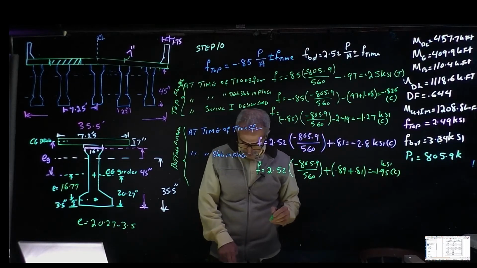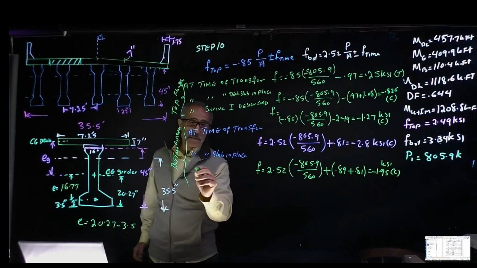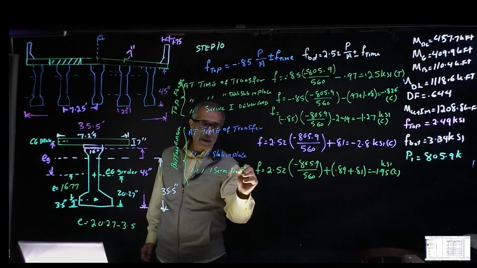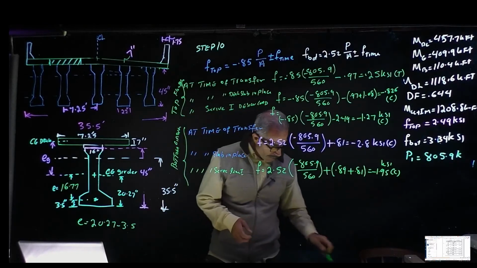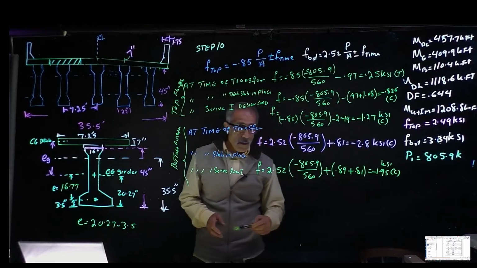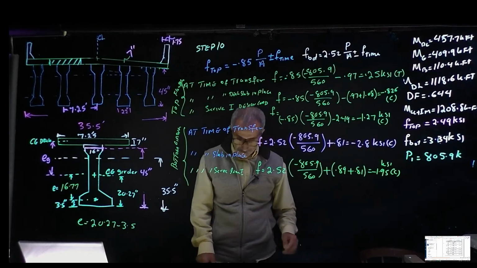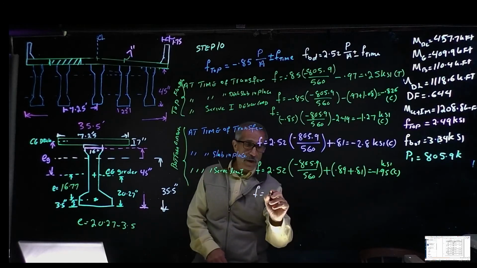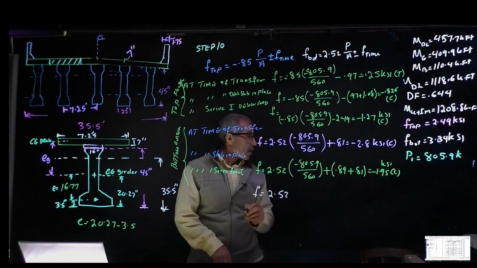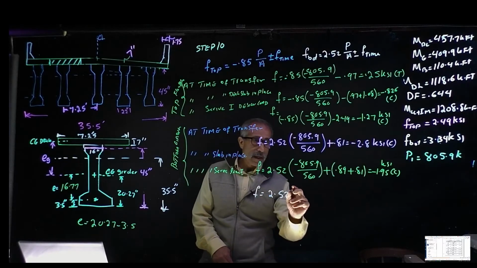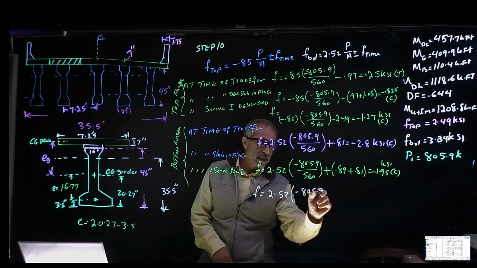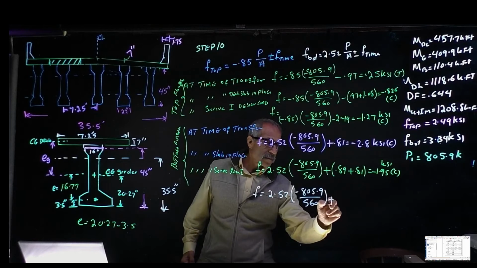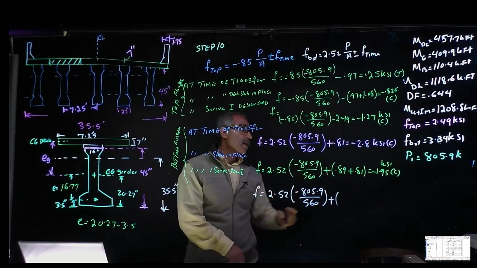Okay, so the next one we're going to do at service level one. So that's going to be F is equal. We have 2.52 times minus 805.9 by 560, and that's going to be plus the total, which was 334.